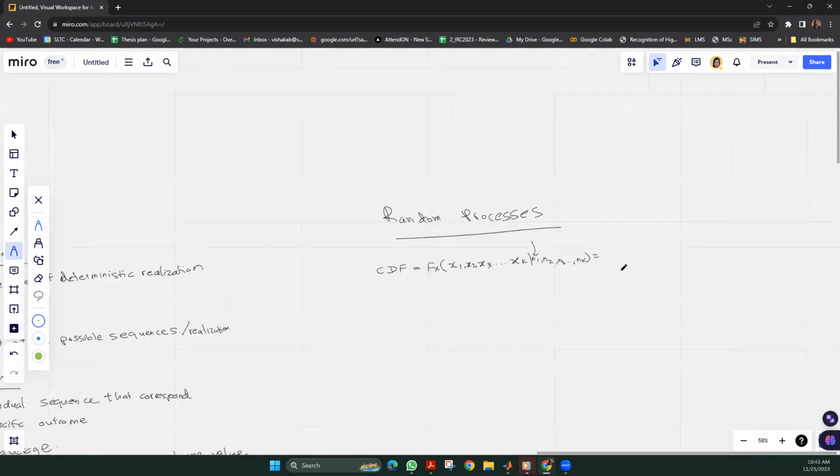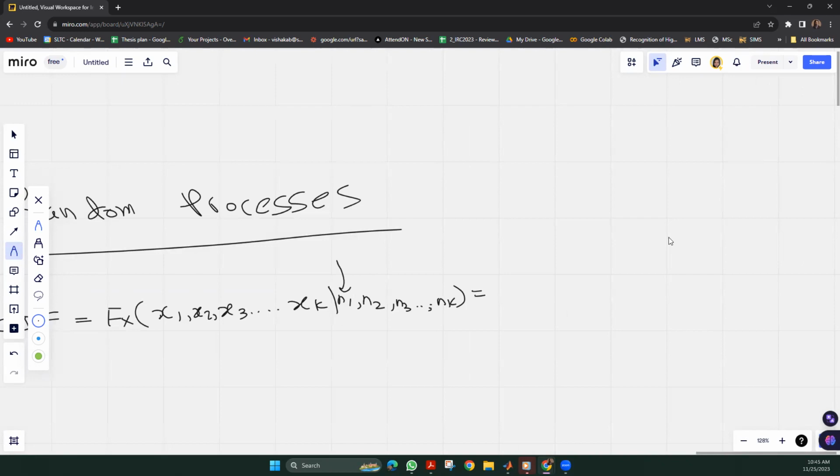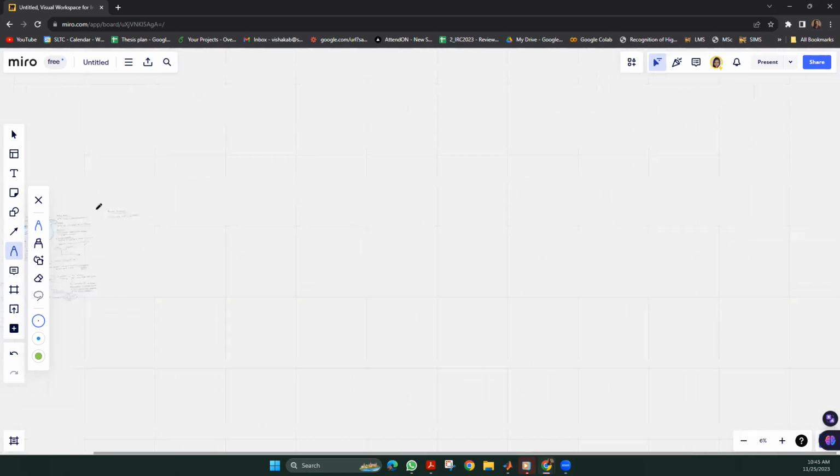If we consider this CDF function, we'll be considering the CDF of the x1, x2, x3 up to xk random variables, and it will be defined as the probability of obtaining the random variable xn1, the random variable at time equals n1, right?